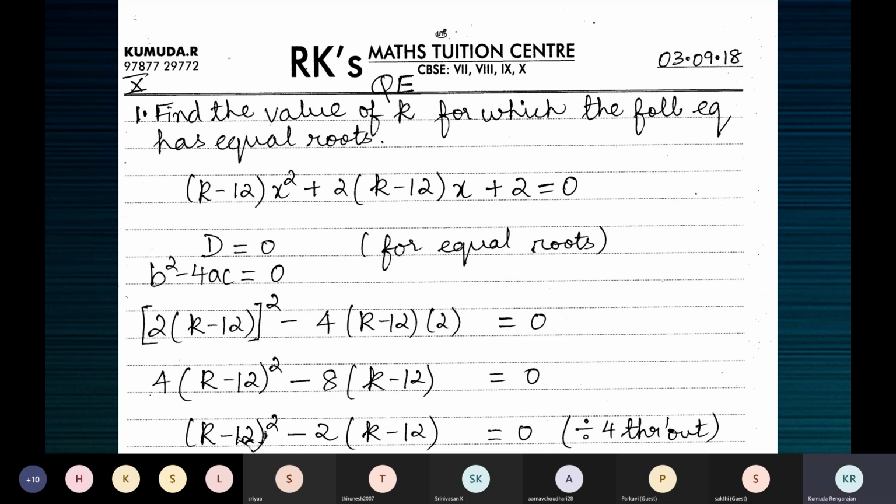You should not divide by an expression that has the variable whose value you're trying to find. That's all it is. Ma'am, that means 12 and 14. Yeah, correct, you should get 12 and 14.